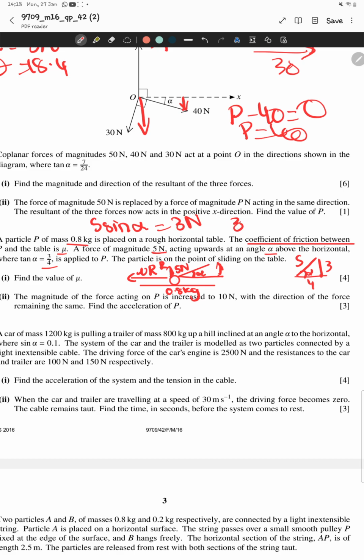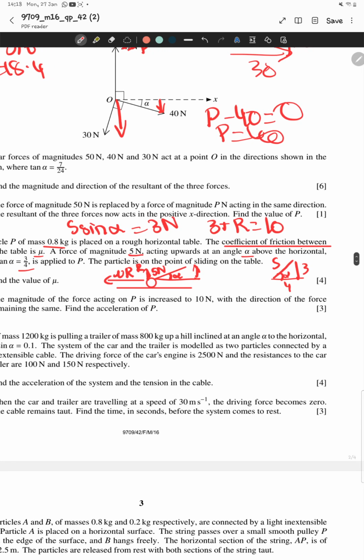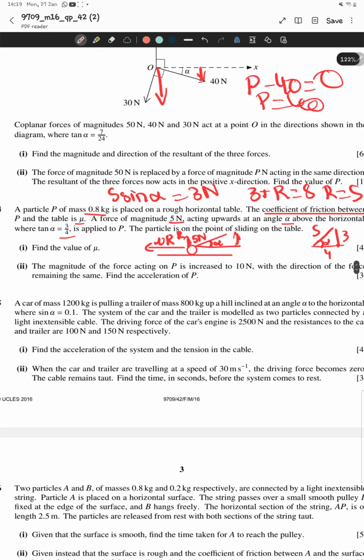So that must mean that 3 plus R must equal the weight of this ball, which would be 0.8 G. 0.8 and 10 is just 8. So from this equation, R must be equal to 5. So we found R.